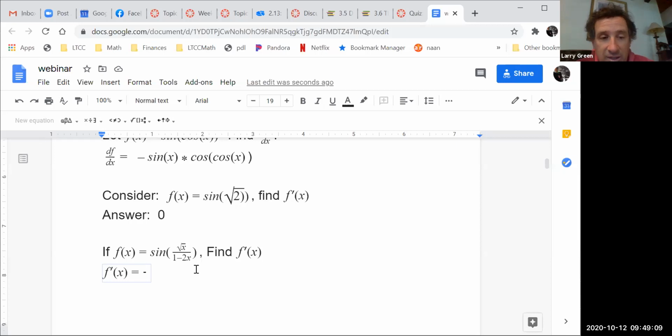And that's low, which is 1 minus 2x, times d high. Now the derivative of the square root of x, remember square root of x is x to the 1/2, and the derivative of x to the 1/2 is 1/2 times x to the negative 1/2. Because 1/2 minus 1 is negative 1/2.